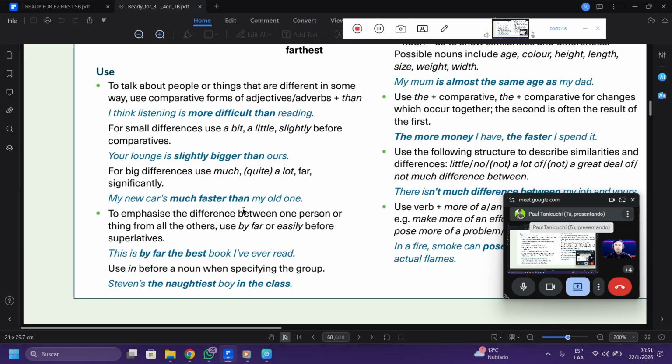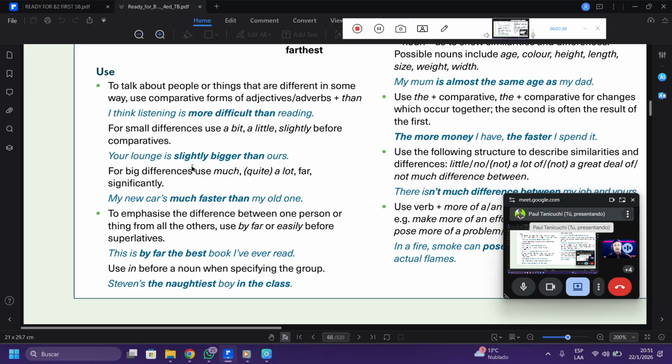Pablo, please, yours. Well, Russia is bigger than Ecuador. Yeah, okay, perfect. What about you, Abigail? I think that kiwi is more delicious than mango.